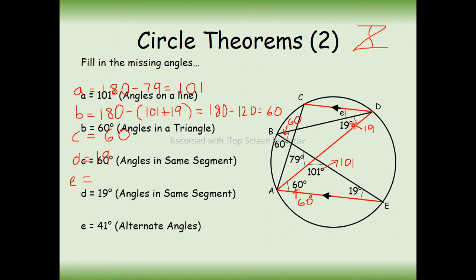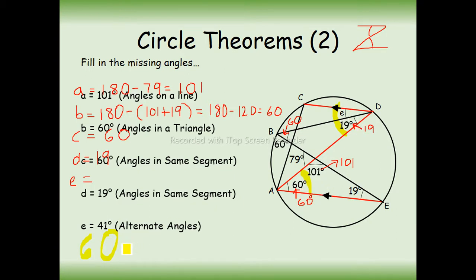If we know that this angle right here is going to be equal to this angle, let me make a clear indication of that. Let's use a highlighter. This angle right here, this angle 60 degrees is going to be equal to this one here. So that means that E and 19 must add up to 60 degrees, because the two are equal.